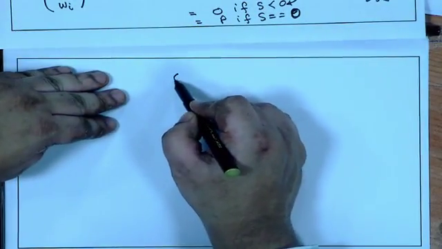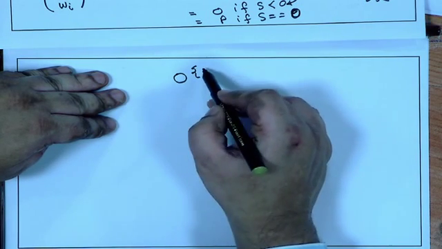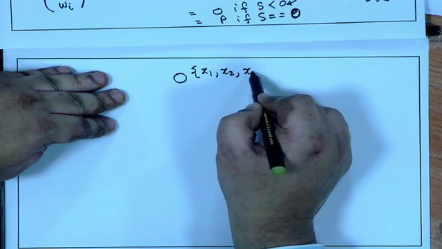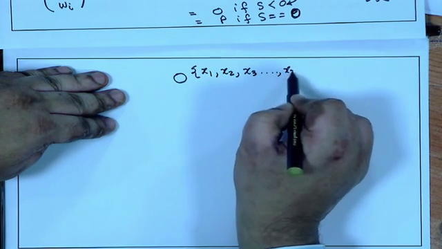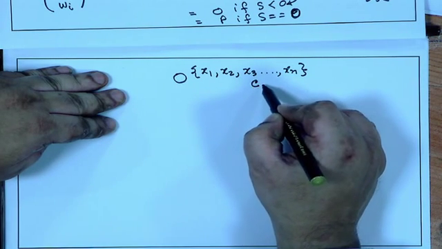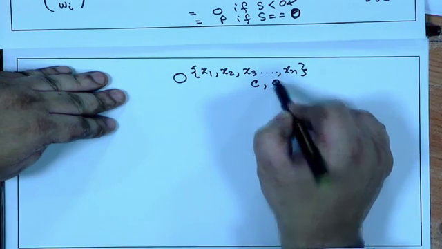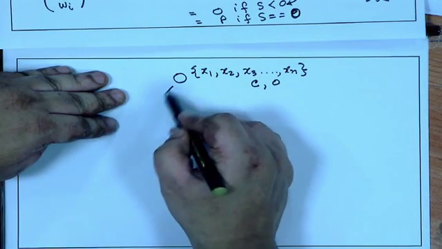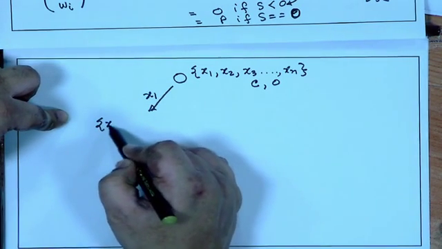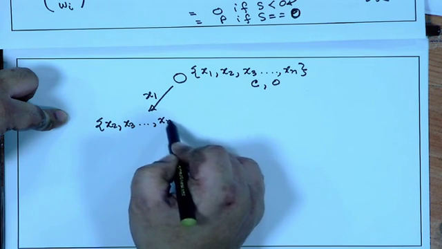That means, you initially had elements say x1, x2, x3 up to xn, and you had a capacity C and you had an initial profit 0. Then if you choose x1, then you are left with x2, x3 up to xn.